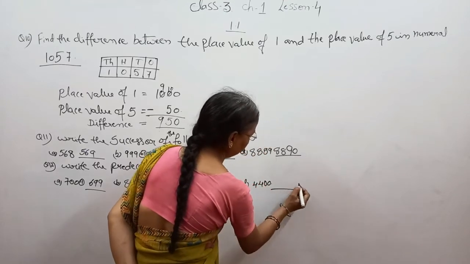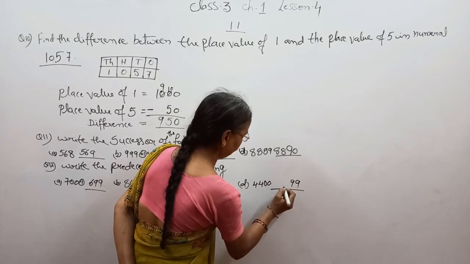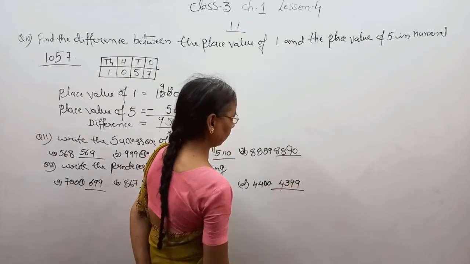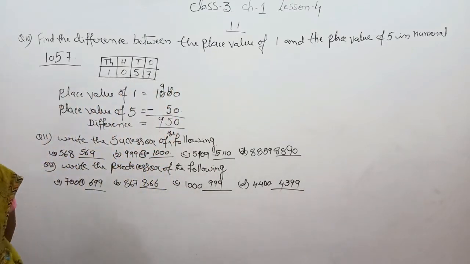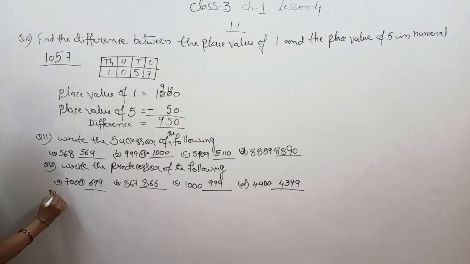We get simply 10 minus 1, 9. Then again 9. Then here we have 3. It is 4399. Like this we have to write the predecessor of the following numbers or given numbers. Question number 13. Counting by twos. Write the numbers from here.